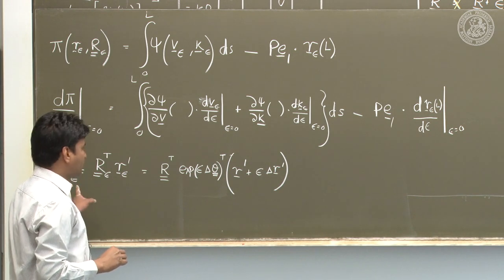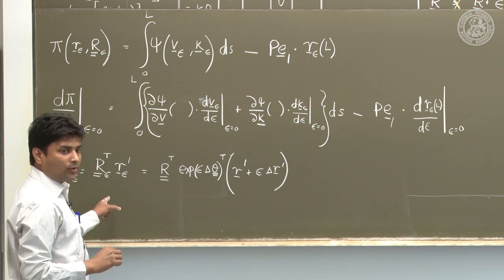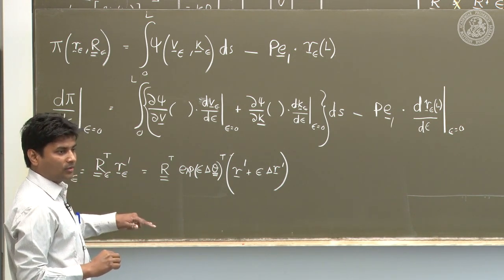So that is your V epsilon, and now I want to do dV epsilon by d epsilon.